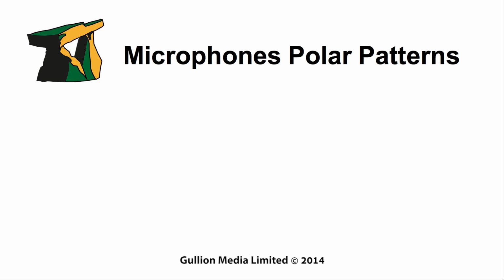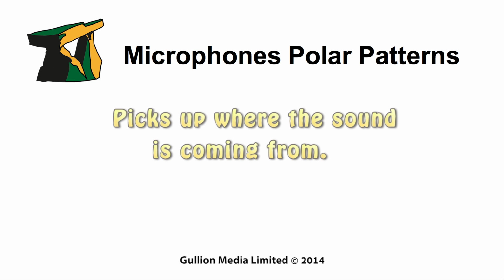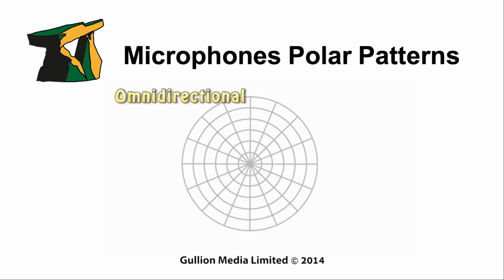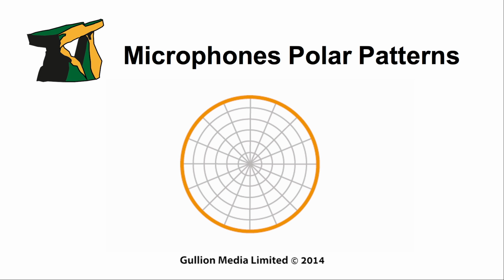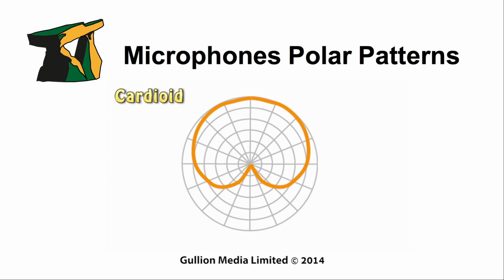Microphone polar patterns refers to the way the microphone picks up where the sound is coming from. Omnidirectional has a 360-degree pattern which captures the sound from all directions. Cardioid has a heart-shaped pattern, primarily taking sound from in front of the microphone and to the sides, but nothing from the rear.